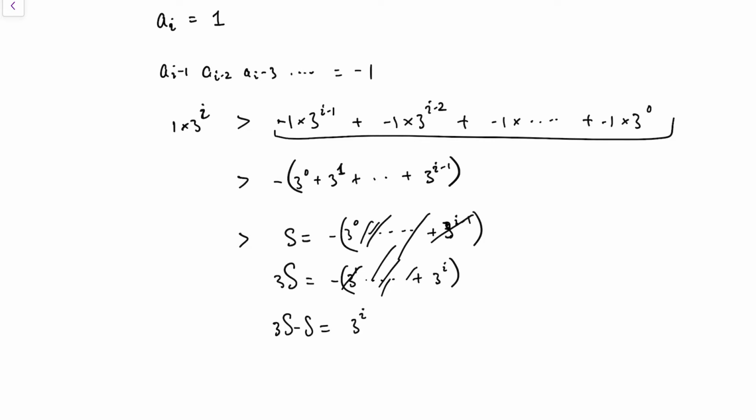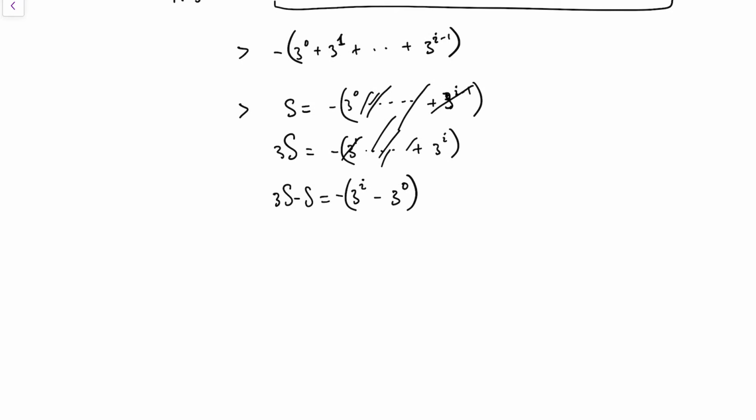So 3 to the power of I minus 3 to the power of 0, which is, of course, negative. And then 3s minus s divided by 2, because that would yield 2s, equals s equals negative 3 to the power of I minus 3 to the power of 0 divided by 2, which is negative 3 to the power of I divided by 2 plus 1/2.